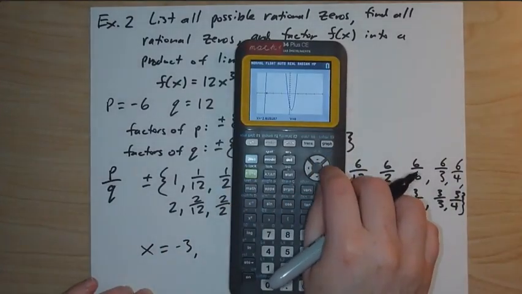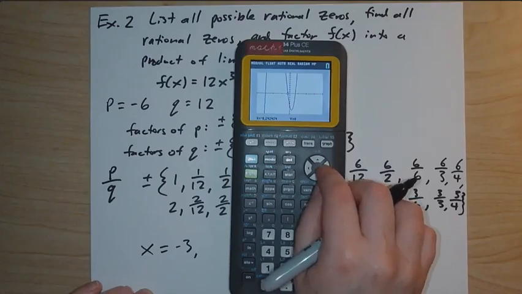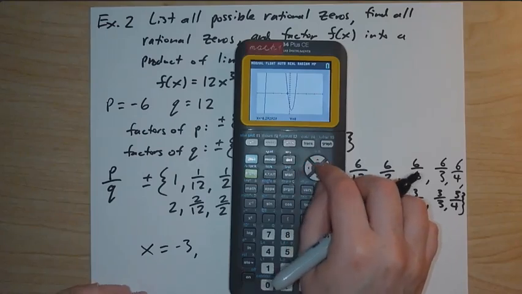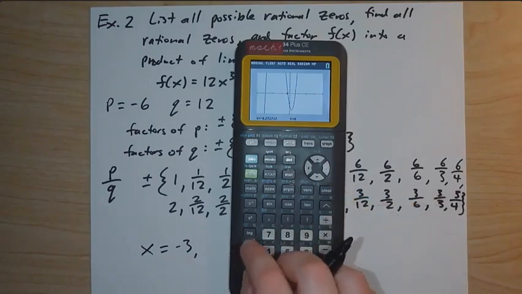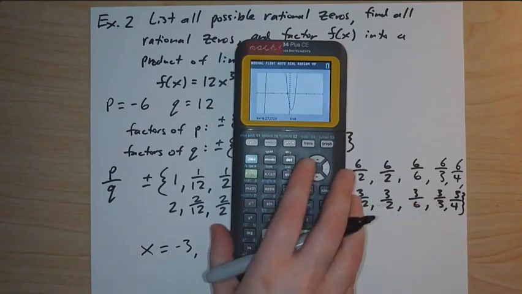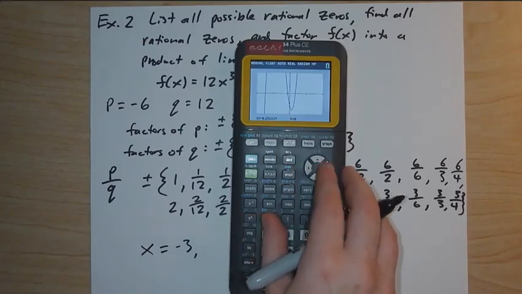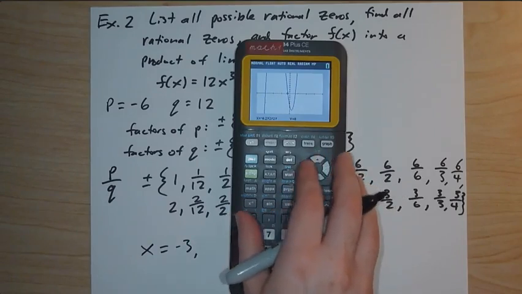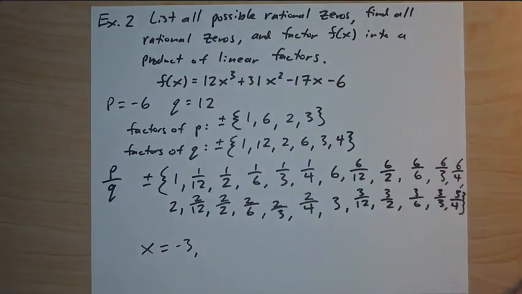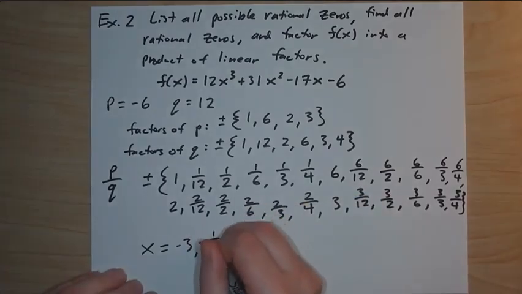If we go over here to this 0, we find one at about negative 0.272727, and between negative 0.24. So that's actually going to give us negative 1/4.